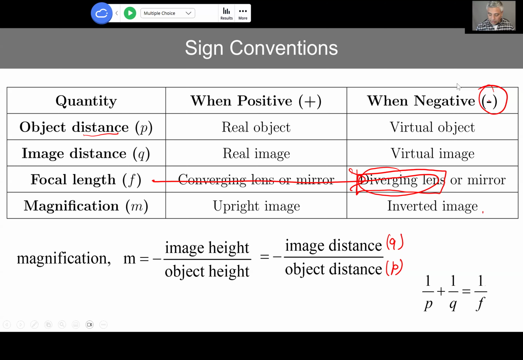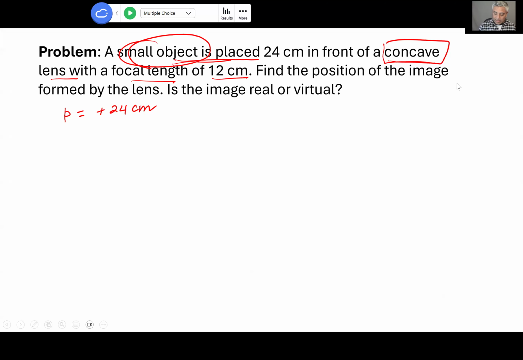That's how you want to use that table. Real positive, virtual negative. That's easy to remember. Oh, it's not 24, it is 12. And this is not Q, this is focal length. Okay, what am I thinking?